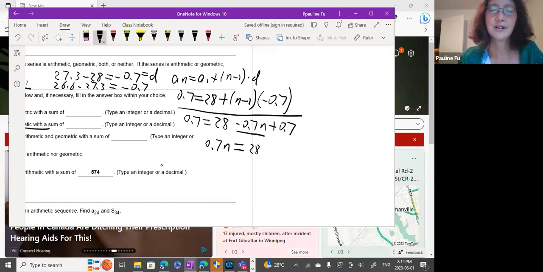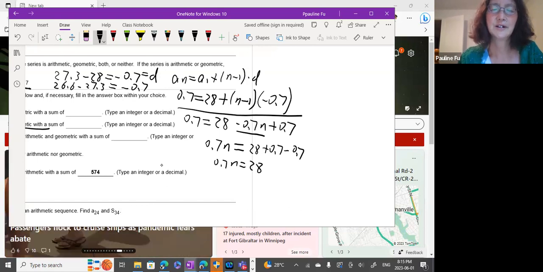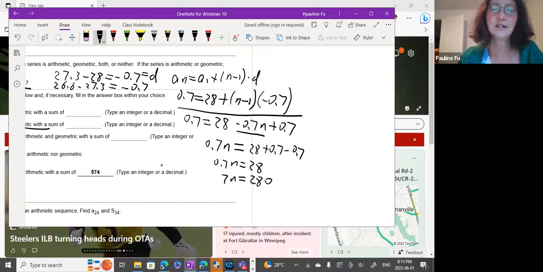Right-hand side, you have 28 plus 0.7 minus 0.7. So 0.7n equals 28. Times 10 on both sides, 7n equals 280, n equals 40. There are 40 items.